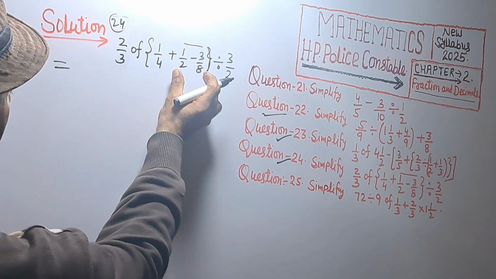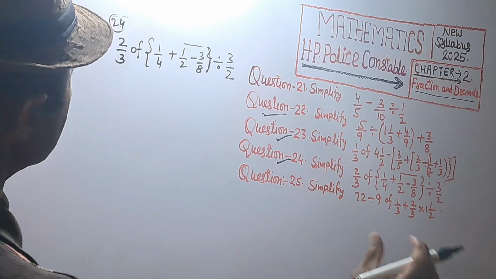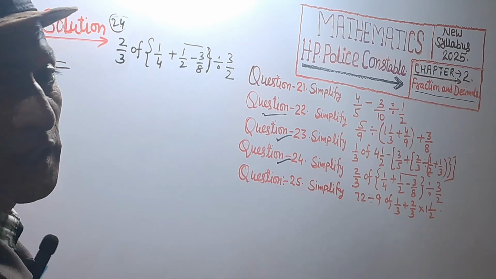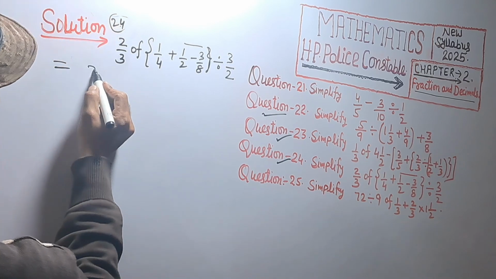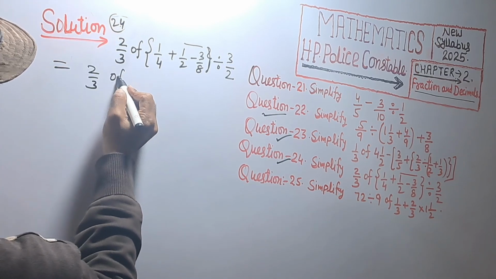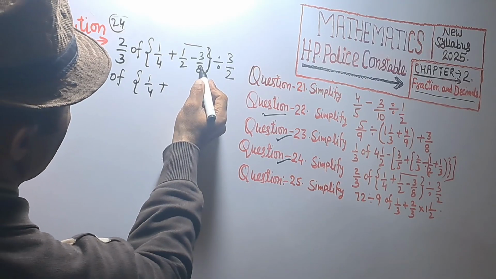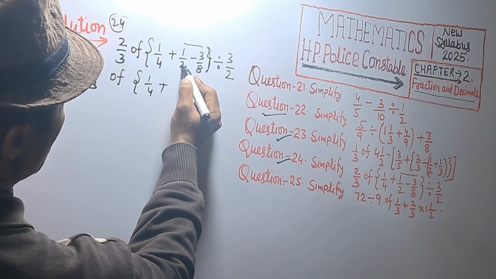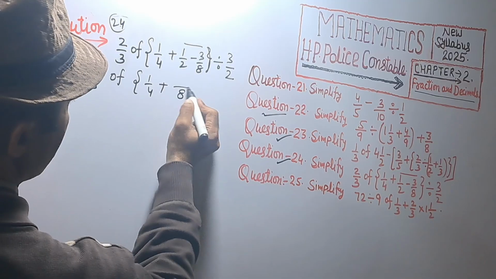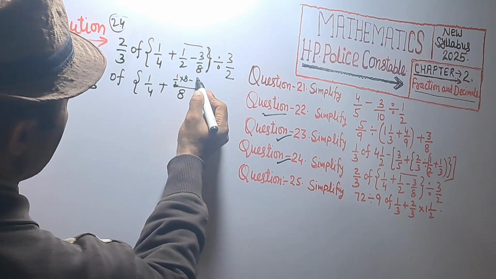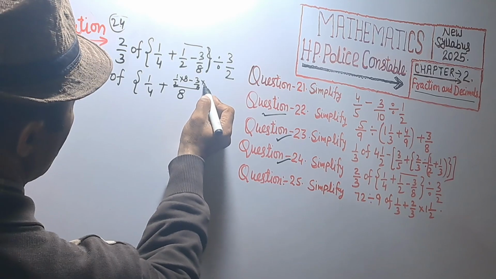That is equal to, first according to the BODMAS rule, we solve 1/2 minus 3/8 bar. 2/3 of as it is and 1/4 plus. LCM of 2 and 8 equals 8, so 1/2 into 8 minus 3/8 into 8.